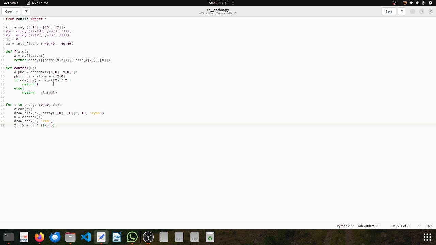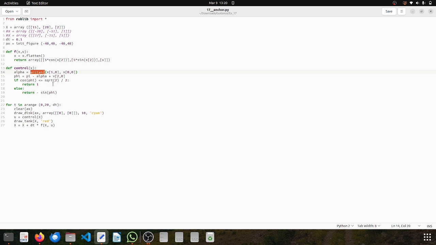First of all, for the control law, we obtain the value alpha using the function arctan2 of y over x, and we know that phi minus theta plus alpha is equal to pi, and that's why over here we calculate phi by setting it to pi minus alpha plus theta.